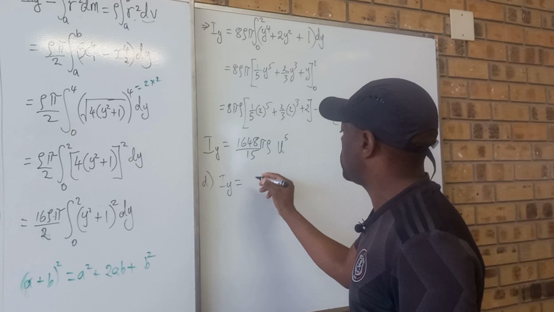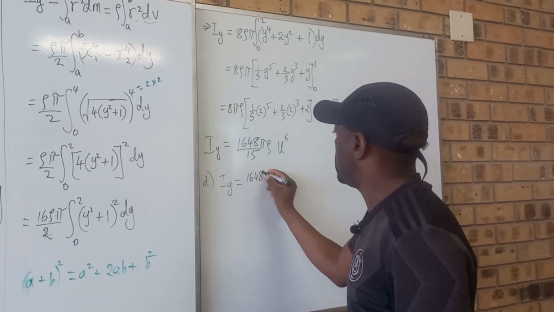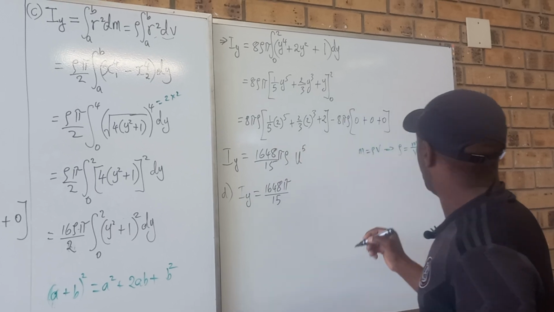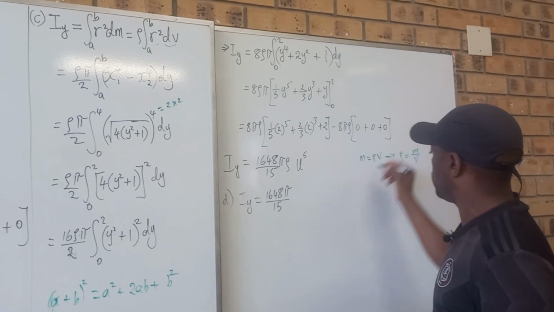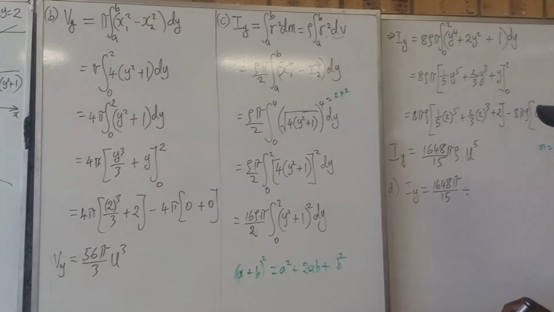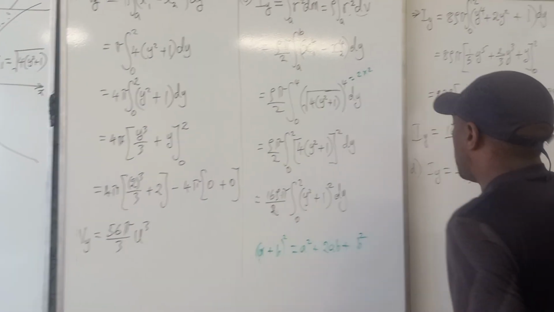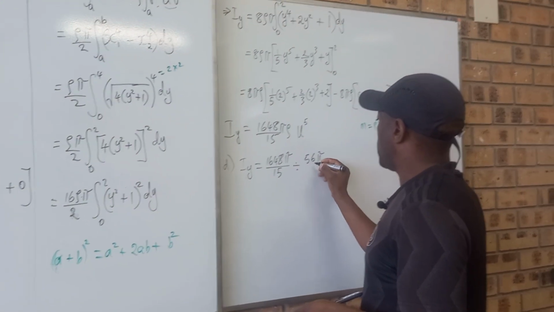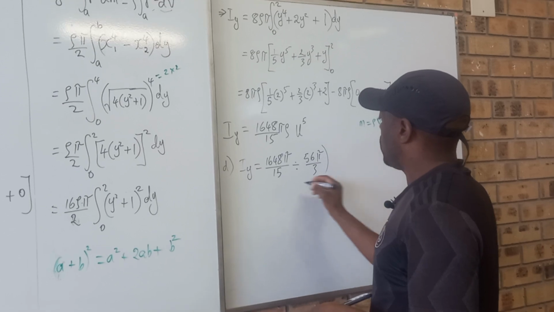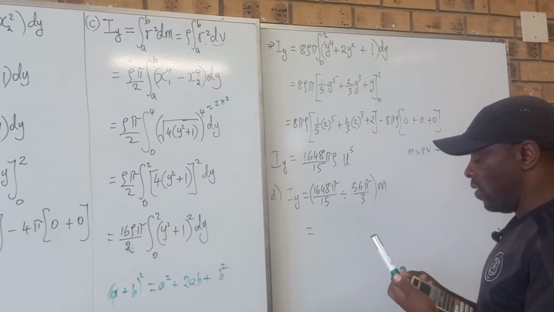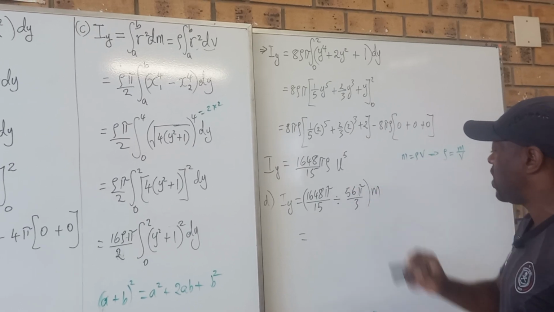My moment of inertia is 1648 pi over 15. You see, I'm not using density. I will simply know that density is replaced by this. And to do that, I simply divide this answer by my volume. My volume was 56 pi over 3. So I get 56 pi over 3. Then whatever I get, I multiply by m. So in my calculator, I know that pi divided by pi will cancel.